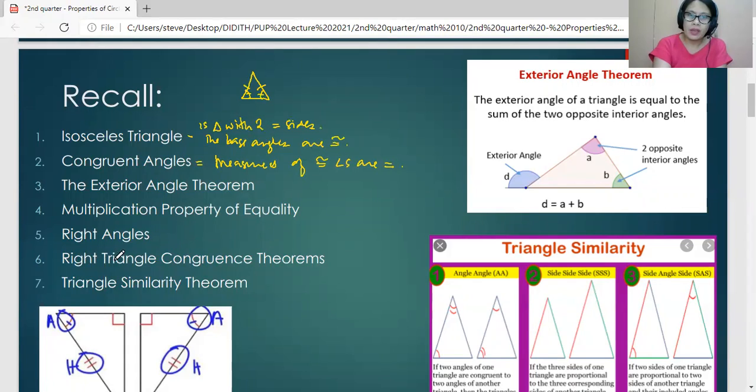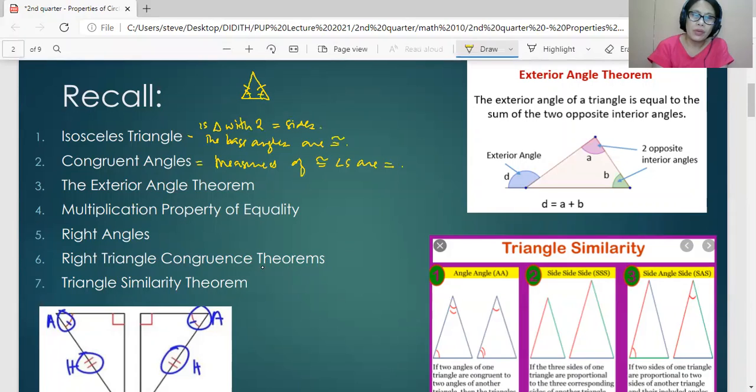Now, with the right triangle congruence theorems, two right triangles are congruent if we are able to prove that the six corresponding parts of the two right triangles are congruent. But with these theorems, by only proving two corresponding parts to be congruent, we can say that the two right triangles are congruent. Under the right triangle congruence theorems, we have hypotenuse acute angle.